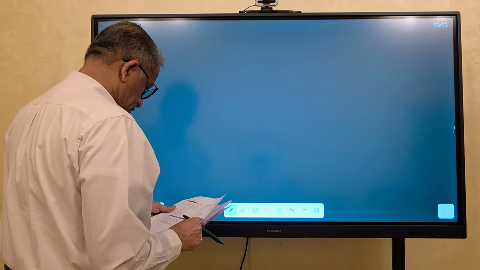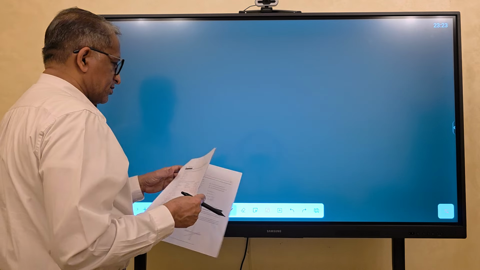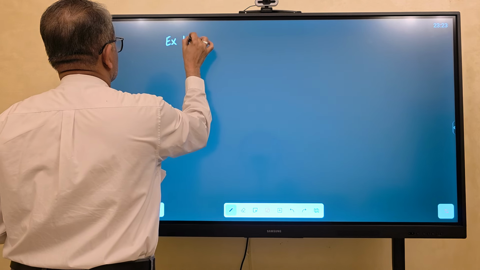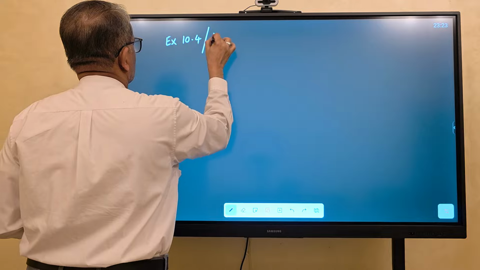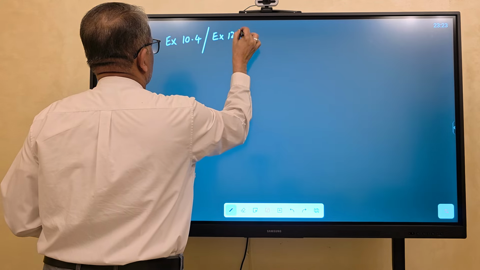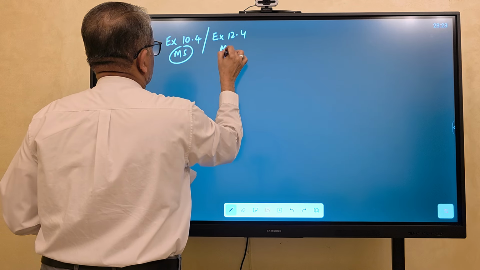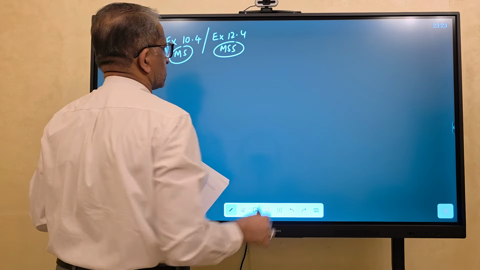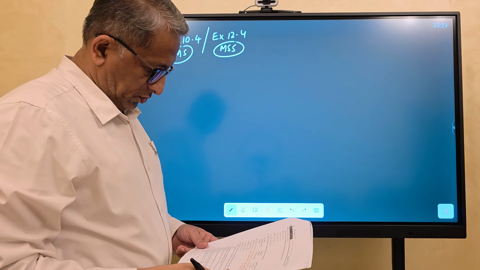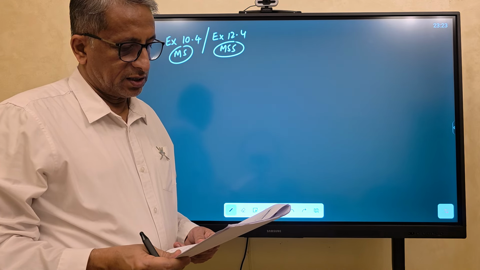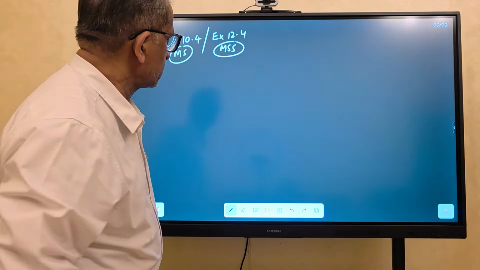Now we come to exercise 10.4 or exercise 12.4. This is for maths for science, and this is for maths for social sciences. So there are 3 parts here, and let me do the first part. We have 5 questions here.